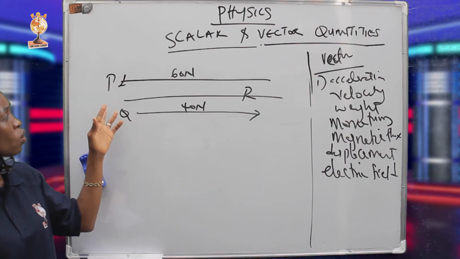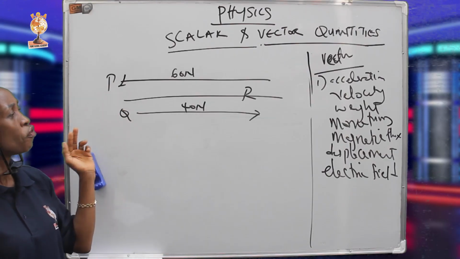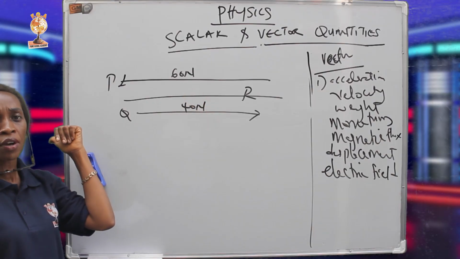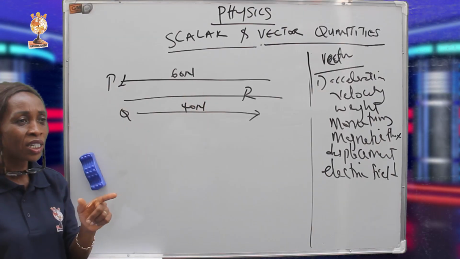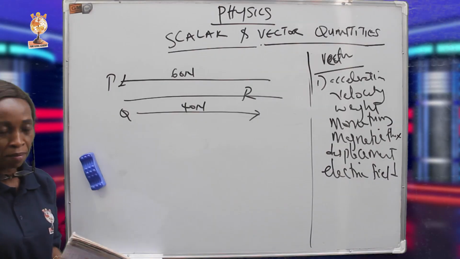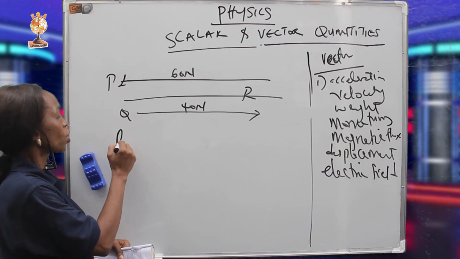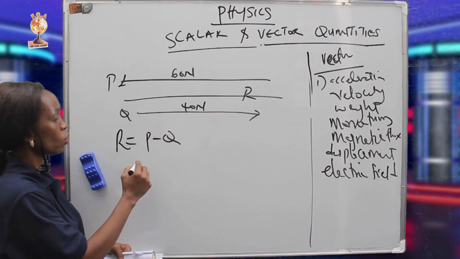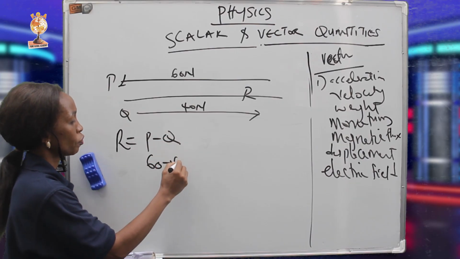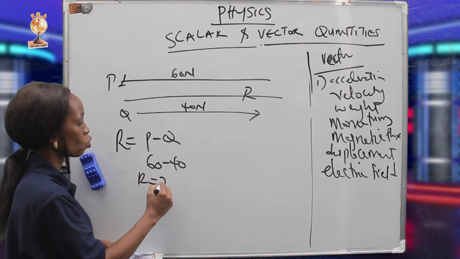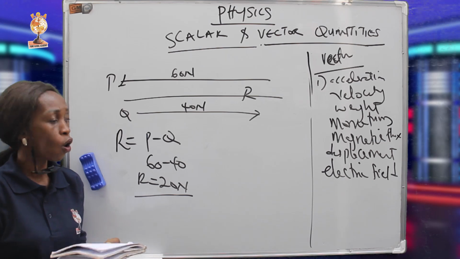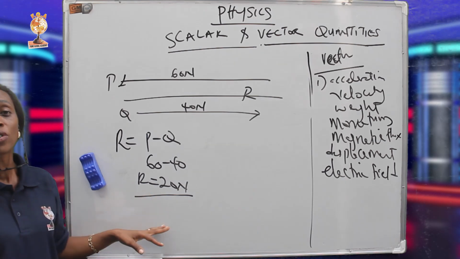Now this shows that vector Q is moving in this direction and vector P is moving in the opposite direction. The resultant can be calculated, but it cannot be the same. So R becomes P minus Q, which is 60 minus 40. So R is equal to 20 Newton, because they are going in the opposite direction.